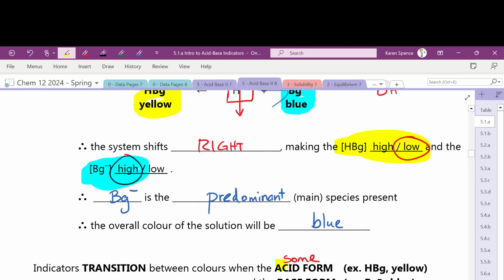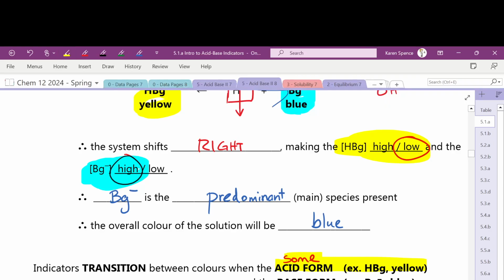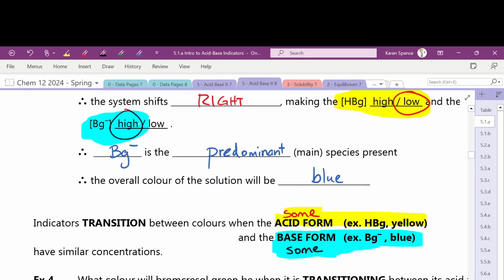So we will have some yellow and we will have some blue. And at some point, they are going to have similar concentrations. So when they transition, that is when the HBG and the BG minus concentrations are similar.